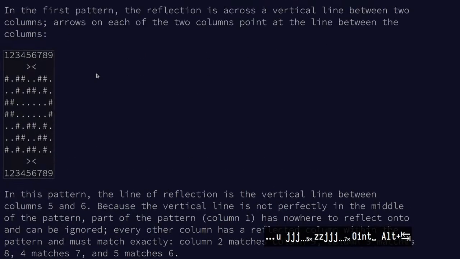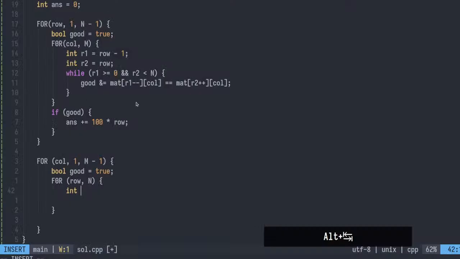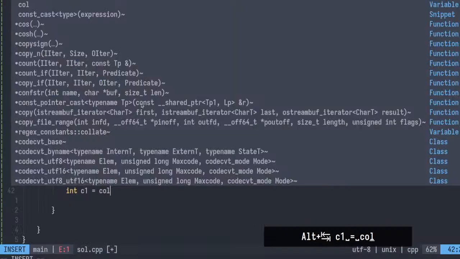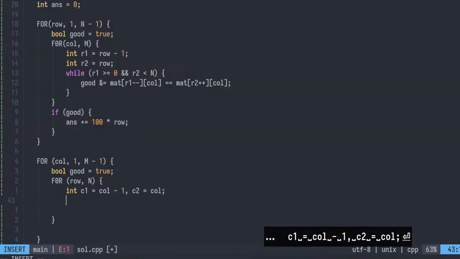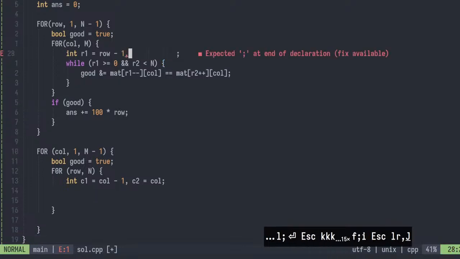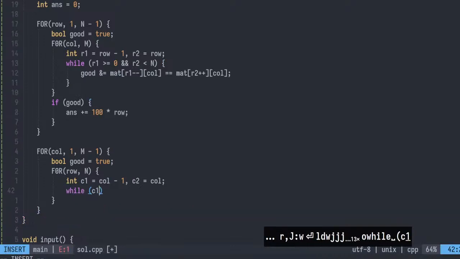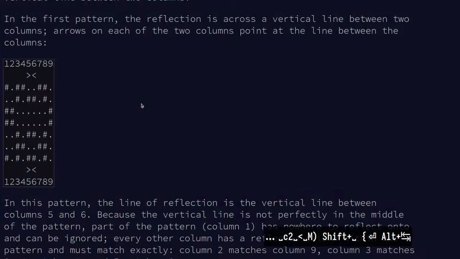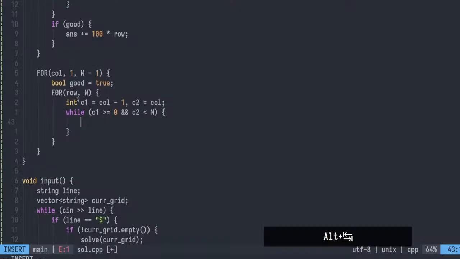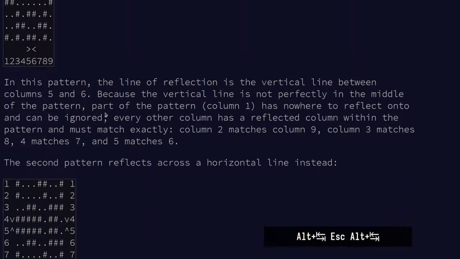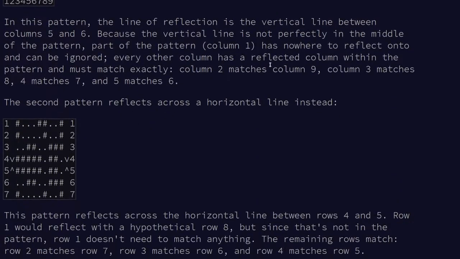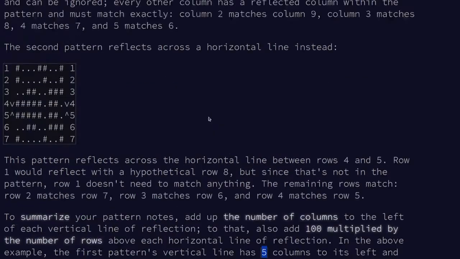Here I will fix a column, and C1 would be col minus 1, C2 would be col. And while C1 is greater than or equal to 0, C2 is less than m, which is this width. And for this, I need to check the number of columns to the left of it, right? The columns to the left of it.